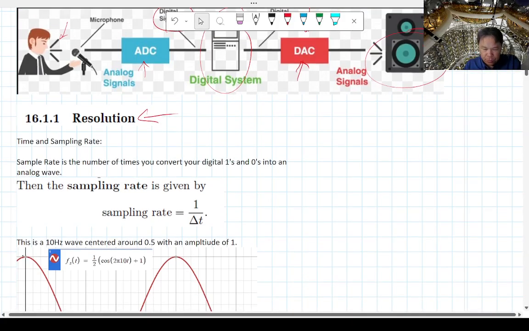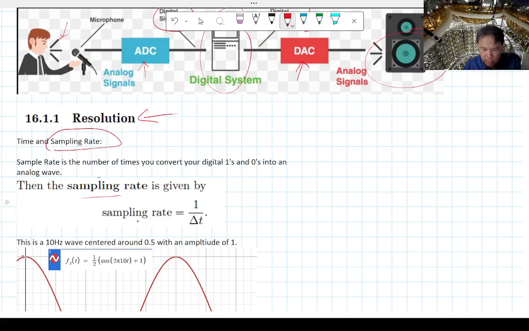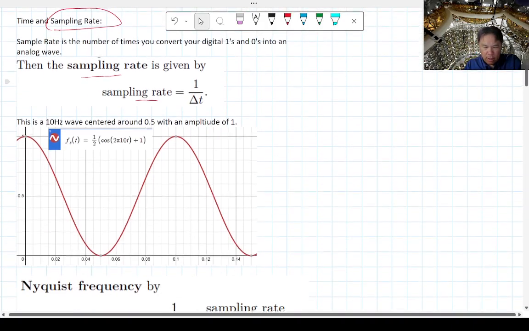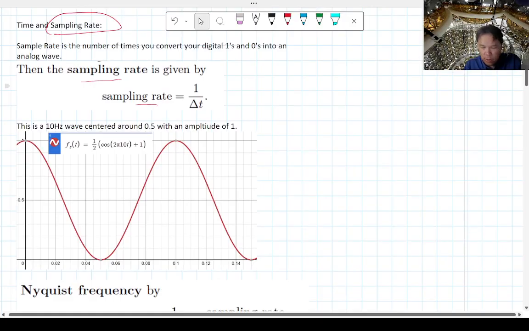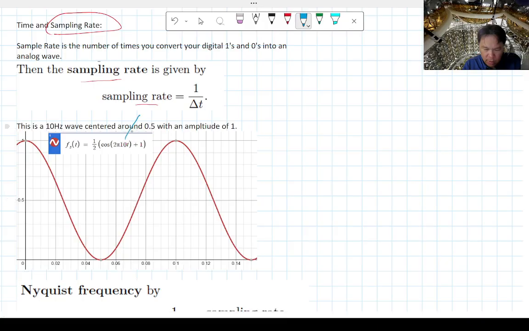This is known as the sampling rate, meaning the sampling rate is given by, well, how much time do you wait before sampling each of the waves. This is easiest if I just had a little cosine wave here. Notice this is just something I drew on Desmos, right? This is a 10 hertz wave. So each period should be 0.1 seconds, 100 milliseconds.